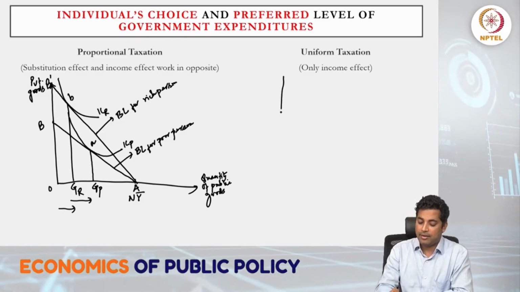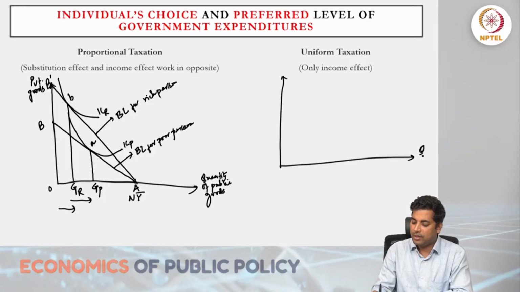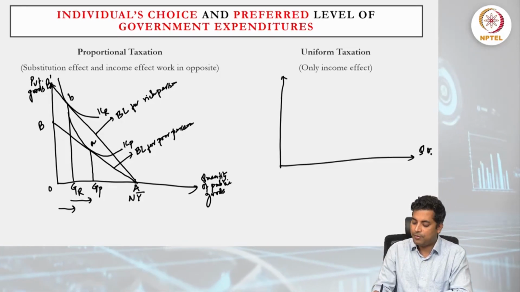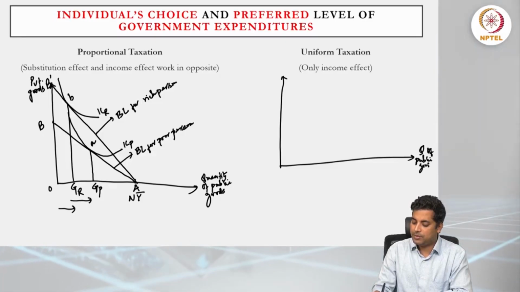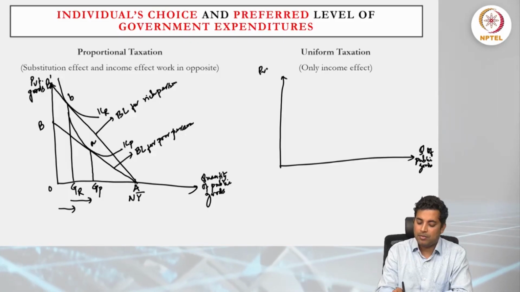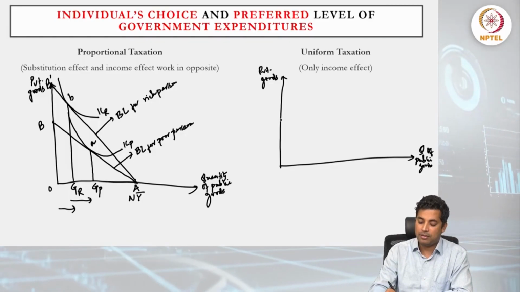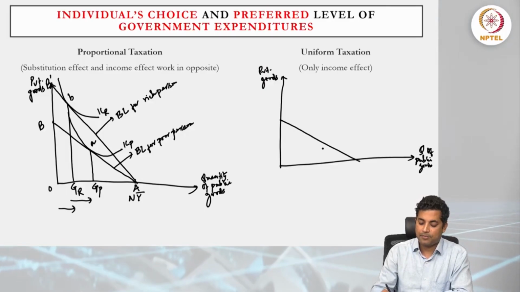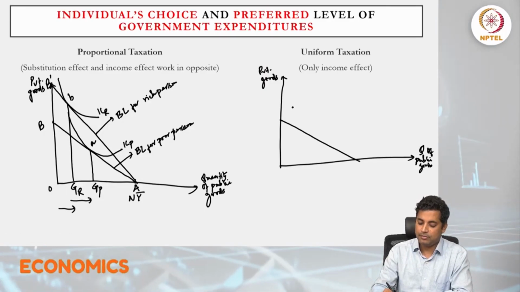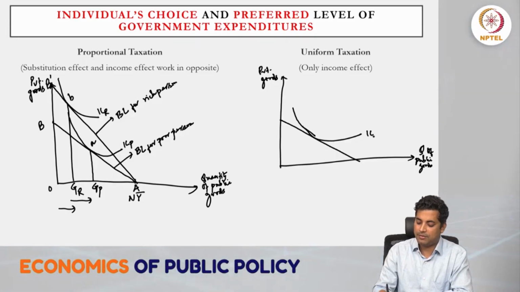So here again, the same: we can see here the quantity of public goods, and here private goods consumption, and here the budget line, and then here the indifference curve for the poor.